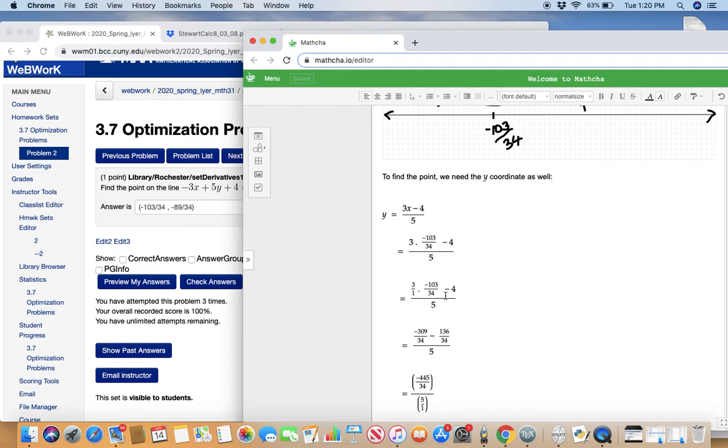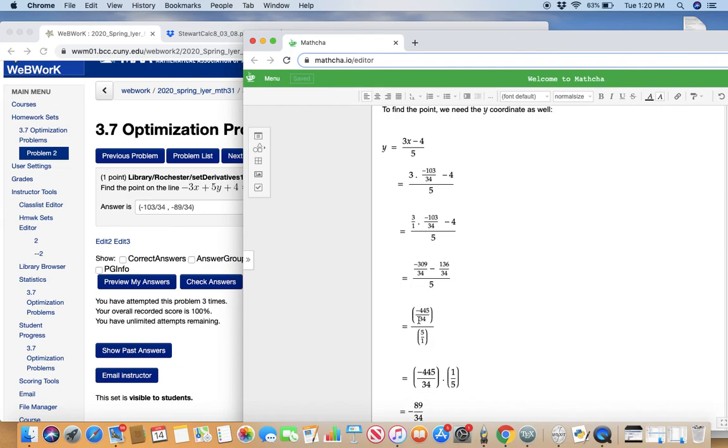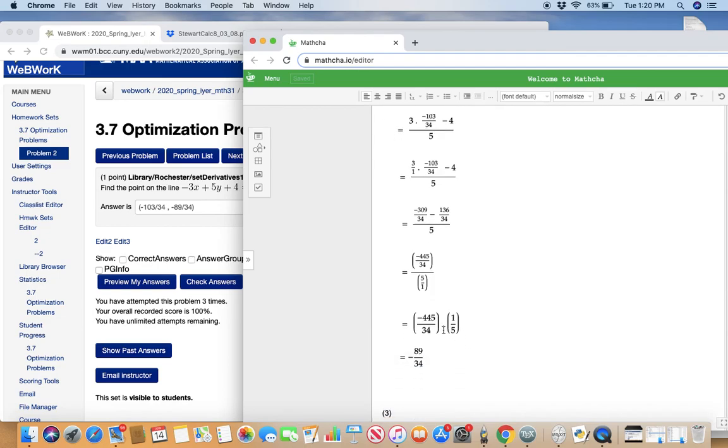Okay, negative and a negative, you see. So combine it together, you get negative 445 over 34. I'm dividing by 5. 5 can be thought of as 5 over 1. Division by a fraction is multiplication by its reciprocal. Now you can reduce the 5 in 445, that is an 89. So I get negative 89 over 34.